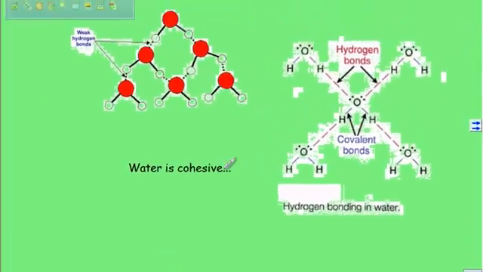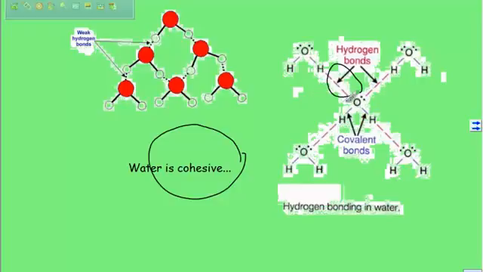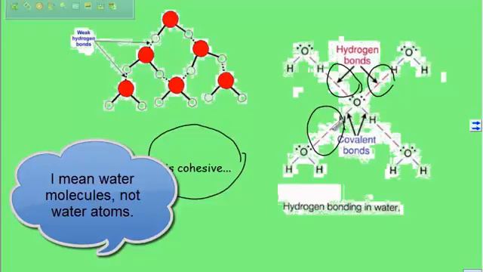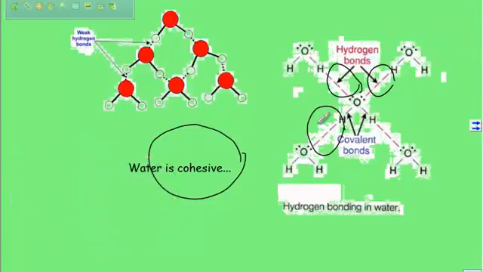Water is cohesive. What does that mean? It bonds to itself. Cohesive, yeah. So it sticks to itself, and it does that because it's got hydrogen bonds in there. We're not talking about intramolecular bonds, we're talking about intermolecular bonds, right? That hydrogen bond is between adjacent water molecules.